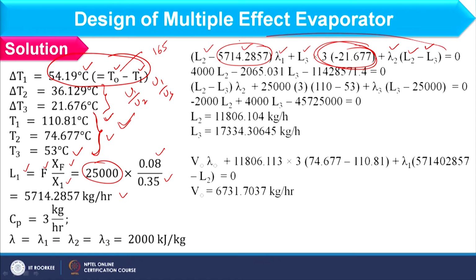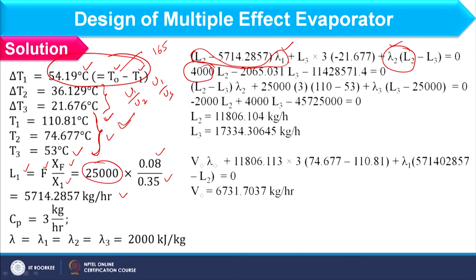So, when you resolve this equation, you can find the equation as 4000 L2, because here you are considering lambda 2 L2, and here we are having lambda 2, and here we are having lambda 1 and L2. Lambda 1 and lambda 2 values are equal, so it is simply added, and that gives 4000 L2. Similarly, you can find out the other terms. So, in this way you can find out the equation of the second effect.